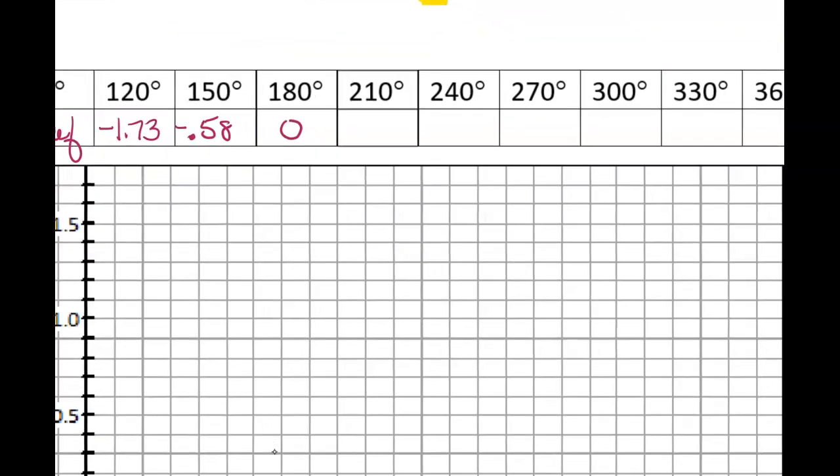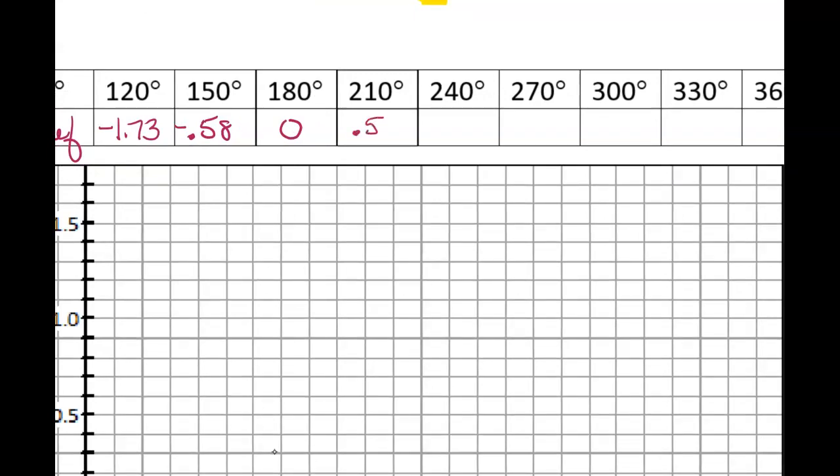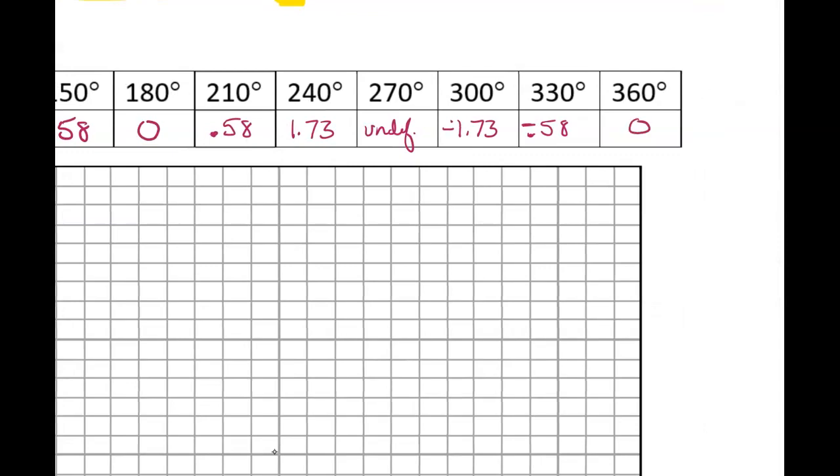When we cross over into angles beyond 180, the tangent in quadrant 3 becomes positive. So 0.58, 1.73, undefined, and then negative again, 1.73, 0.58, negative 0.58 that is, and at 360, 0.